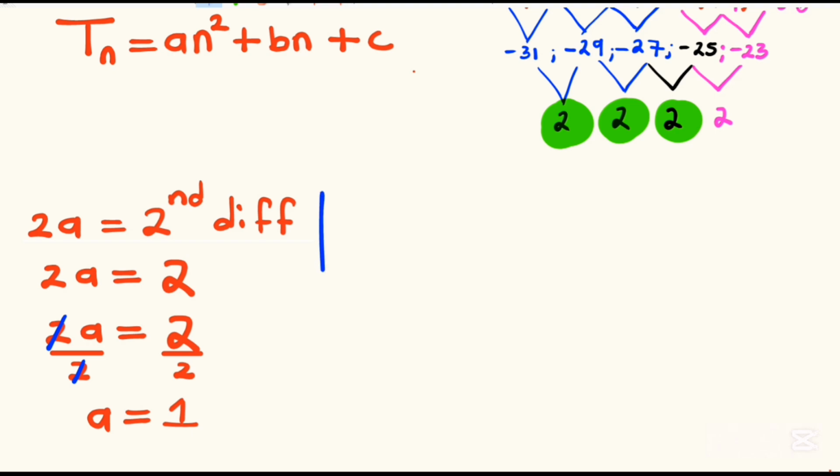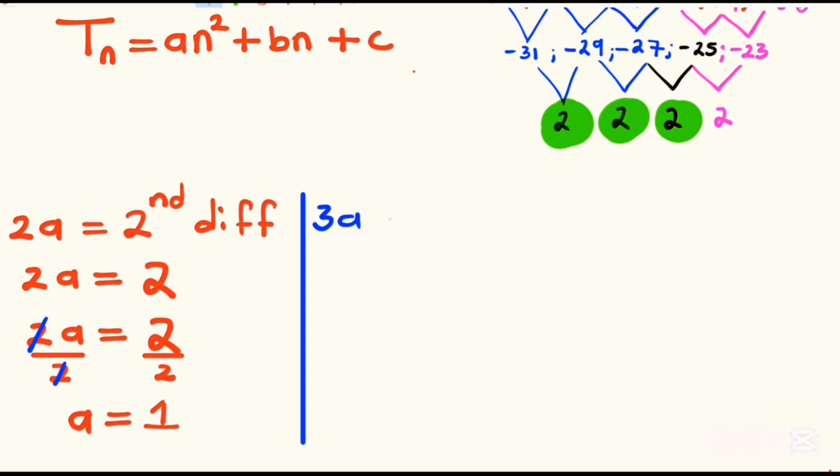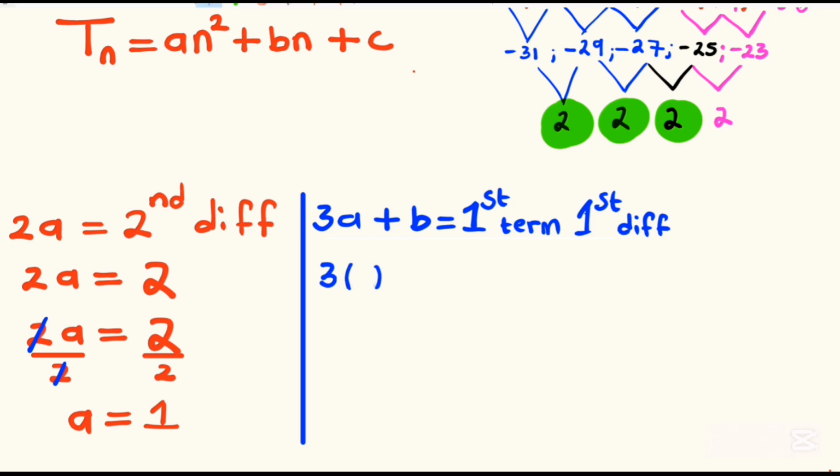And for a quadratic number pattern, we know that 3a plus b is equal to the first term of the first difference. So we have 3 into a, which we just determined a as equal to 1, plus b is equal to the first term of the first difference, which is equal to negative 31.